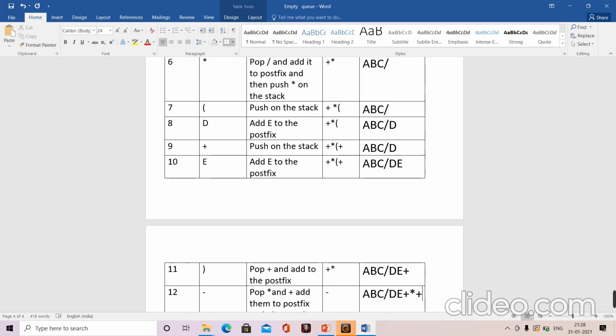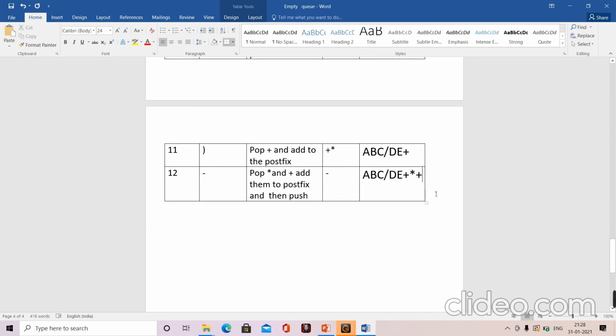And then we have step 13, F, right? F will be added, so add F to the postfix.